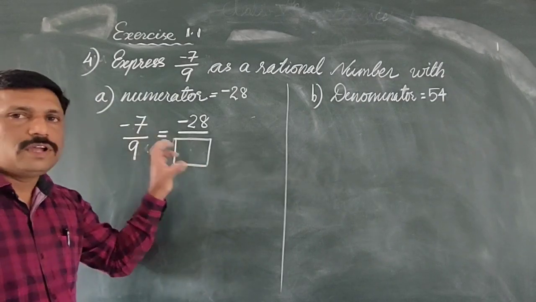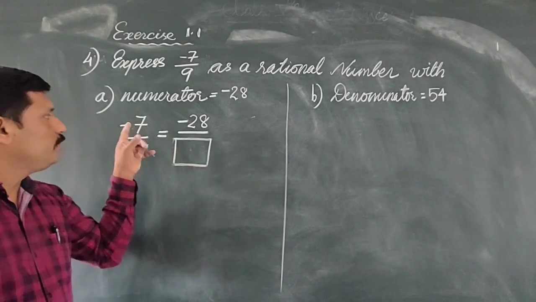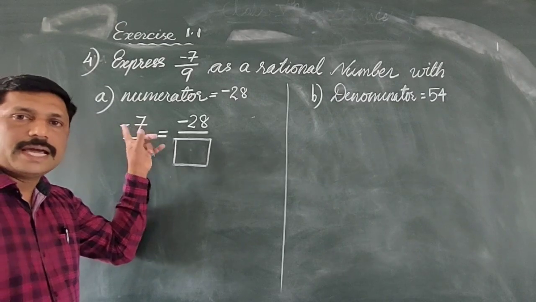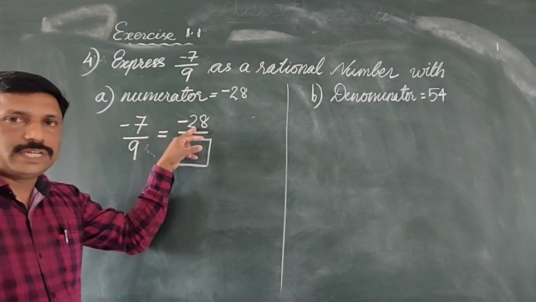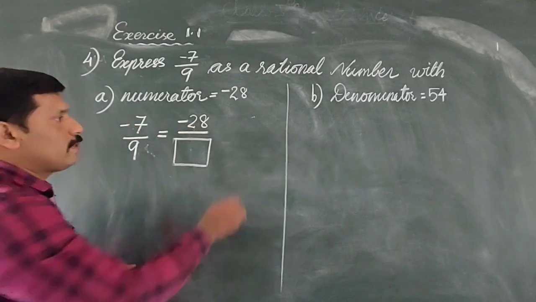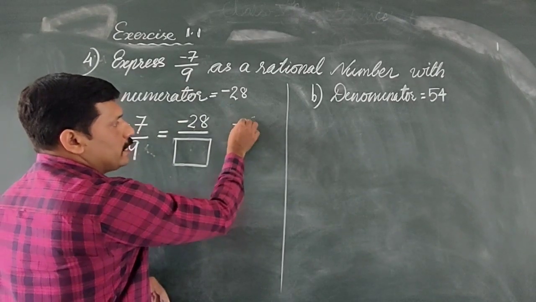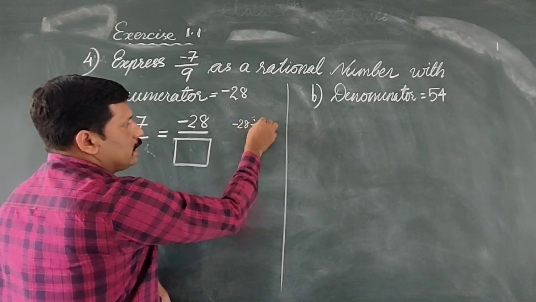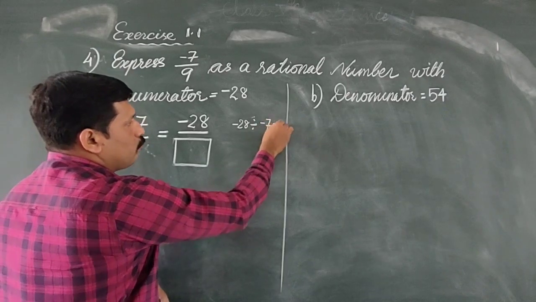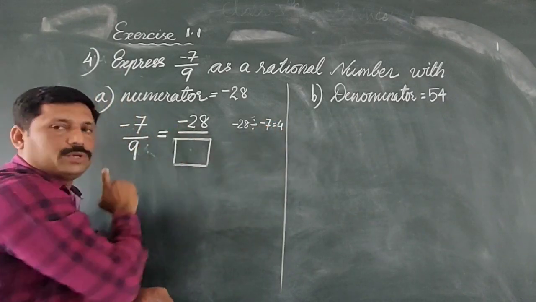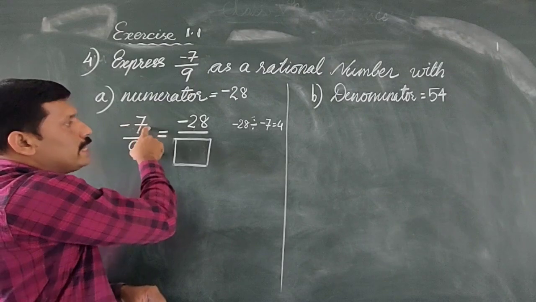But first we have to find which number is multiplied with negative 7 to get negative 28. We can do a rough work here. Negative 28 divided by negative 7 gives 4, which means 4 sevens are 28. Negative 7 into 4 is equal to negative 28.